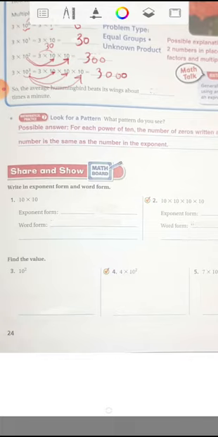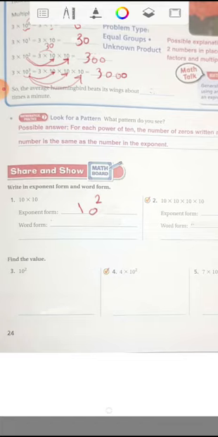The base is 10, okay? Always the base will be 10. Now, the exponent will be the number of repeated factors. We repeat the 10 here 2 times. We have 2 tens here, so the power will be 2. So it will be 10 power 2.